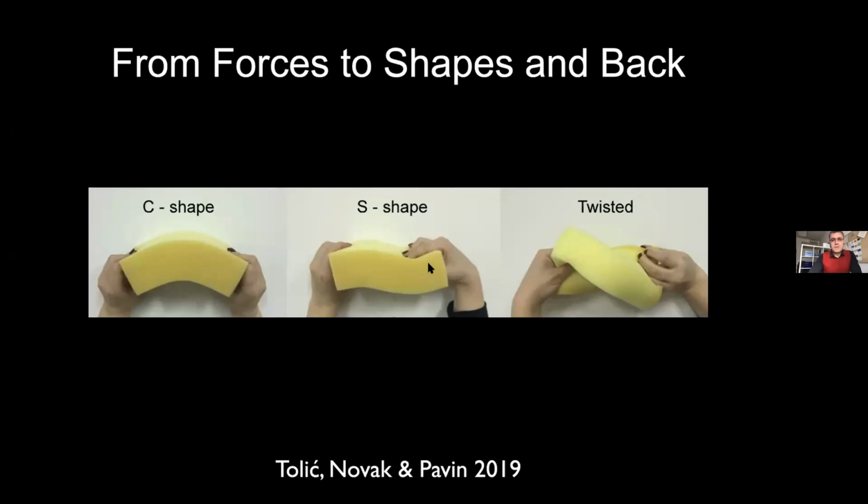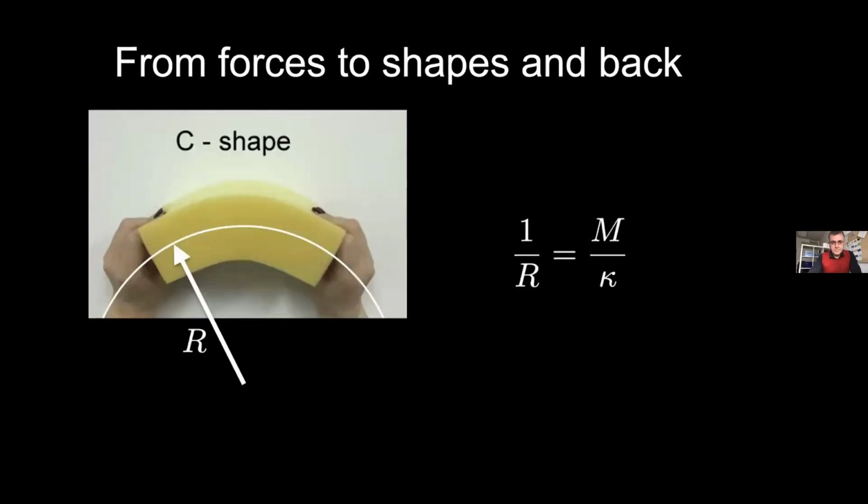If we have different bending moments, then the shape can also become an S shape, or eventually one can get a twisted shape. And it's quite obvious from this example that if we know the shape, we know what happens on these sides, and vice versa. If we know what type of forces we are applying, one can also predict the shape of this object.